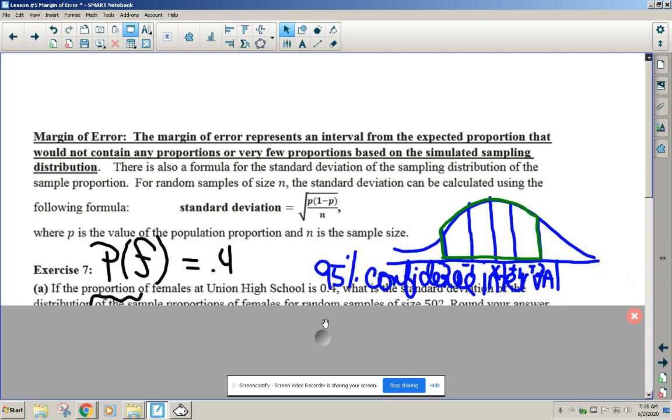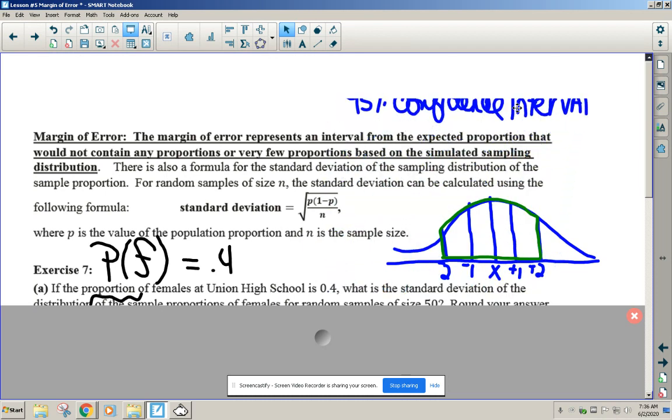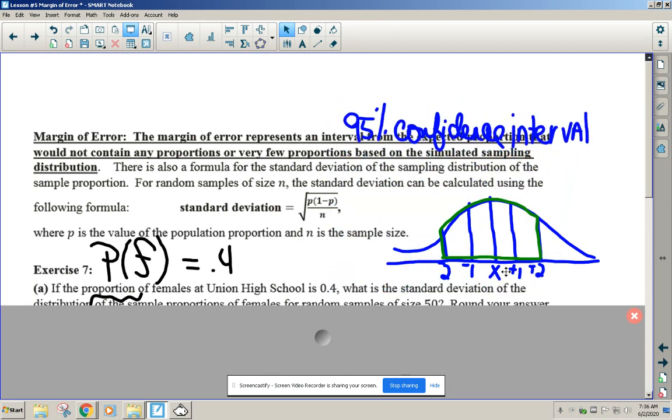The margin of error falls within the 95% confidence interval that we had discussed prior to this. We want to be within 2 standard deviations of the mean. If we're 2 standard deviations up and 2 standard deviations below, and we're in this green section, we are part of the 95% confidence interval, and our data would be likely to happen.